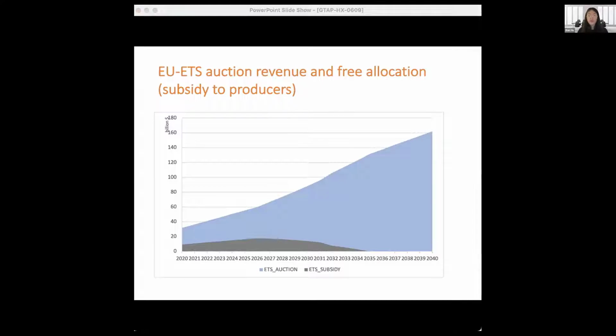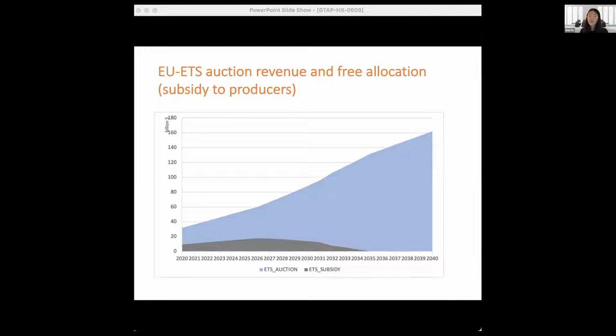And we also give the ETS revenue flows. As the free allocation share falls and the ETS price goes up, the auction revenue rises from $60 billion in 2026 to $160 billion in 2040. So this is 1.8% relative to total EU revenues in 2040.